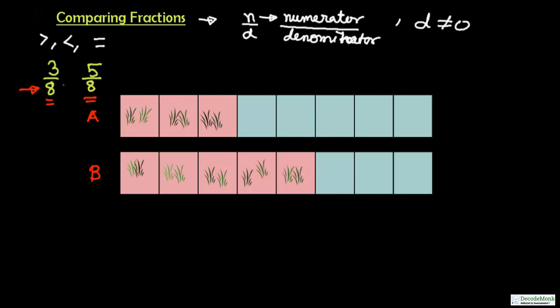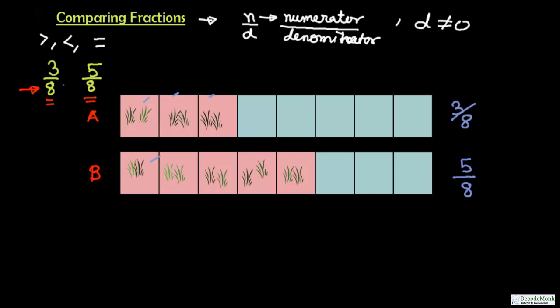Rectangle A has 3 parts shaded, so 3 upon 8 is represented by rectangle A, and 5 parts out of 8 are shaded in rectangle B. So this portion represents 5 upon 8.